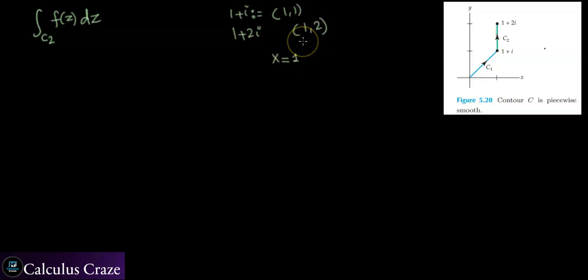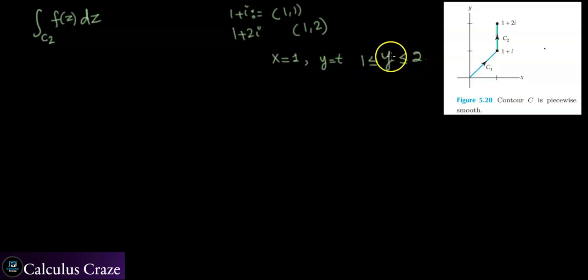If you don't know how to make the equation of a vertical line, then you really need to go through analytical geometry, where you understand how you make the equation of a line when it is vertical. And of course y is running between 1 and 2, right? So y can be anything, call it t, but that t is running between 1 and 2.